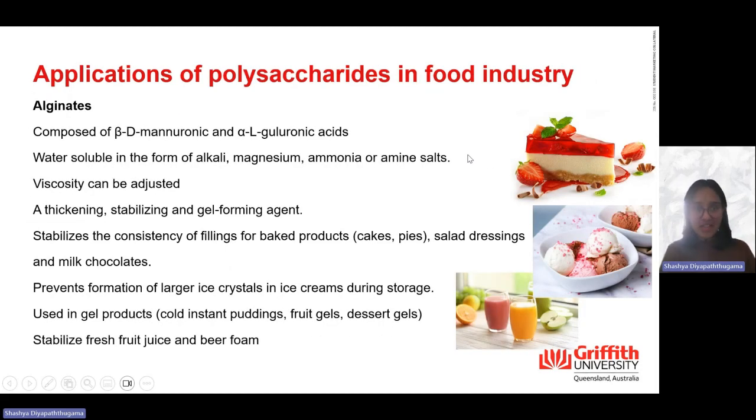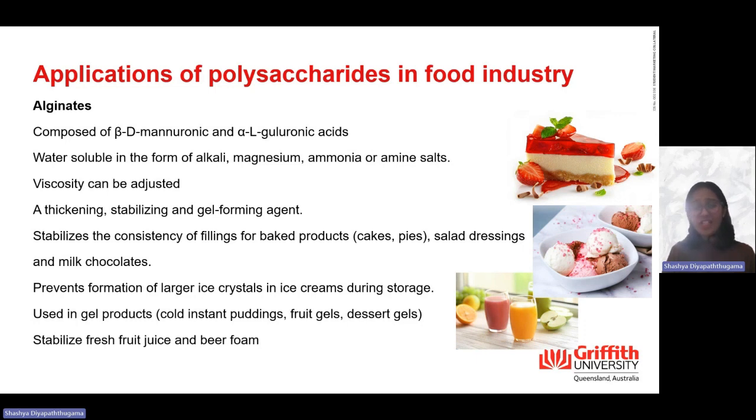Then coming to alginates, it's another polysaccharide which has a wide variety of uses in the food industry. It acts as a thickener, stabilizer, and gel forming agent. This is used to stabilize the consistency of the filling of baked products, and also in salad dressings, milk chocolates, and it can prevent larger ice crystal formation in ice cream during storage.